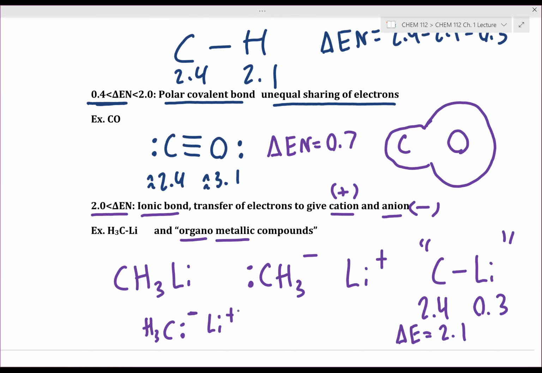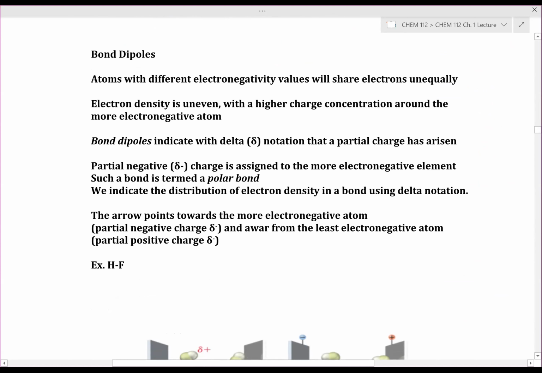So let's keep going with that. When we're looking at the difference in electronegativity between atoms, we can use this idea and describe the distribution of electron density in our bond, and that can in turn be further described using a bond dipole. Electron density is uneven between atoms in polar covalent bonds.